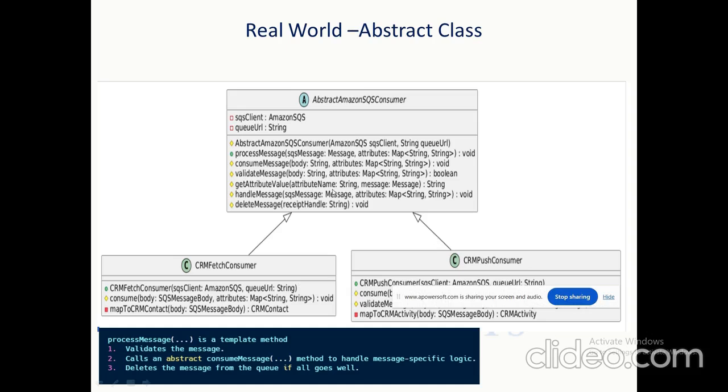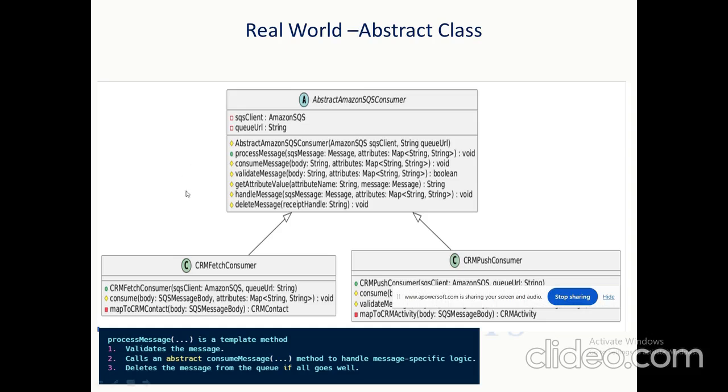There are other methods in this base class, like validateMessage, which provides some default logic, getAttributeValue, which extracts the value from the SQS message, and handleMessage, which calls processMessage if some condition holds, like the body is non-empty.